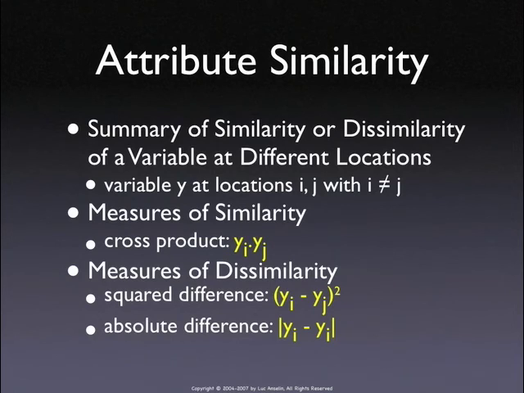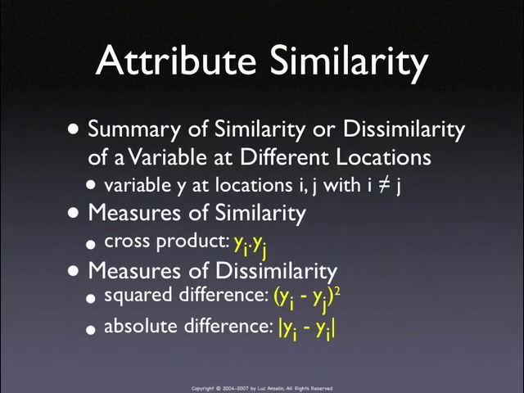So the product of these two values would be some kind of random mix of matching. But if there is structure so that the highs are always together, then you get a lot of really big products of these highs multiplied together, and also a lot of really small ones, of the small ones multiplied together. And that is more systematic than it would be random. So we're looking at something similar here, where we will take the product of the two values and then see how that relates to the locational similarity.